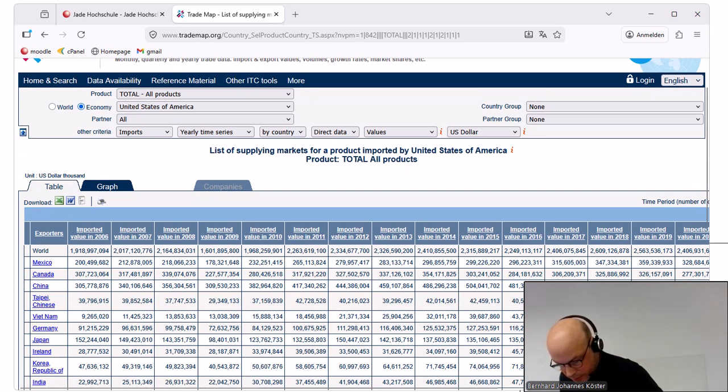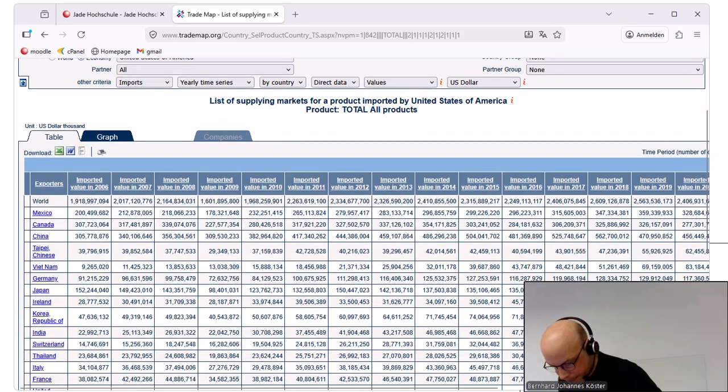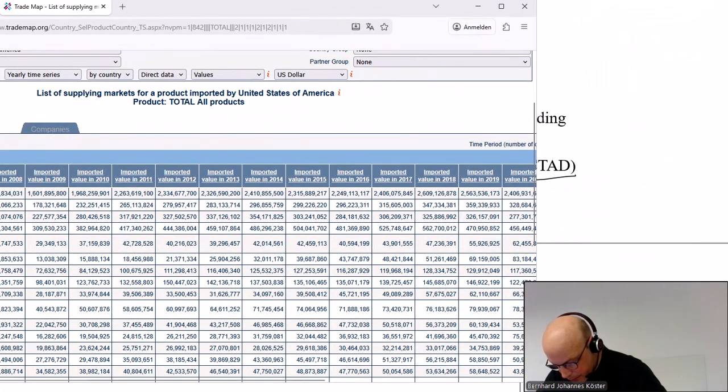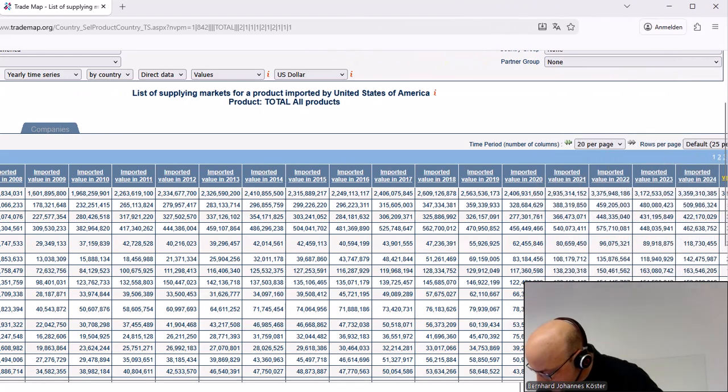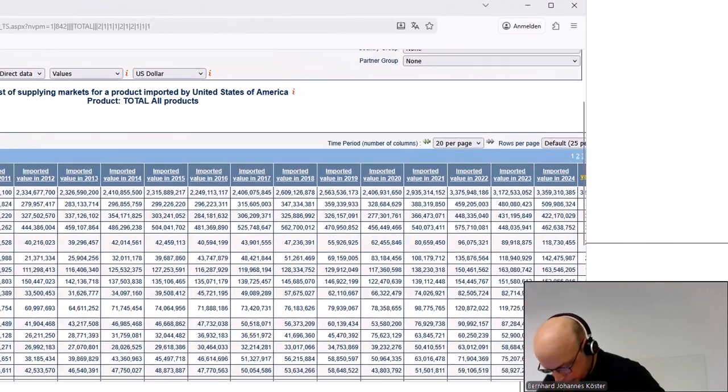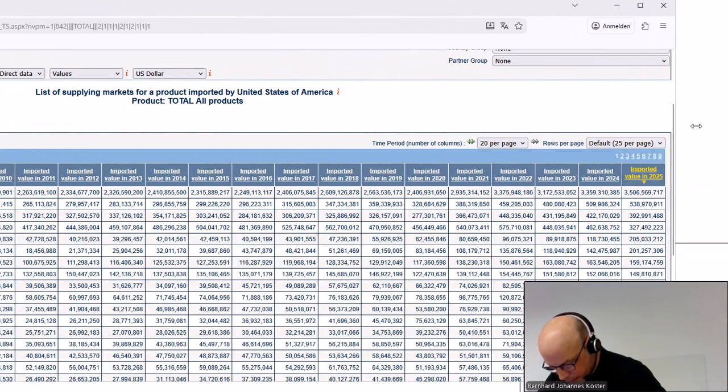Can we even expand this? Let's see. Because in my memory, it was until 2002, and for an analysis this would be interesting. 20 per page.